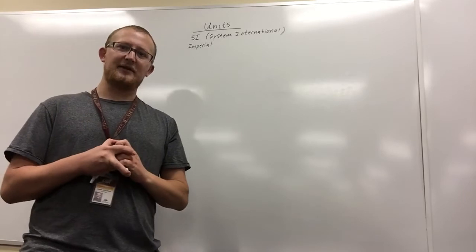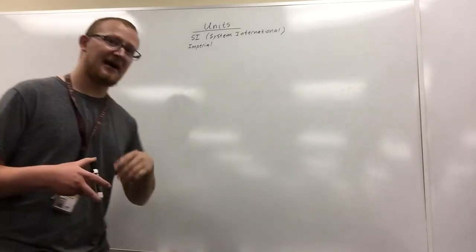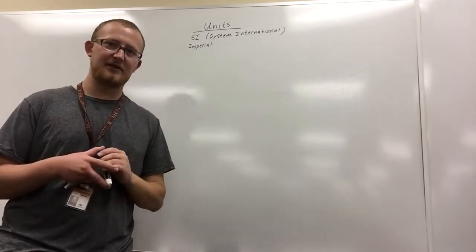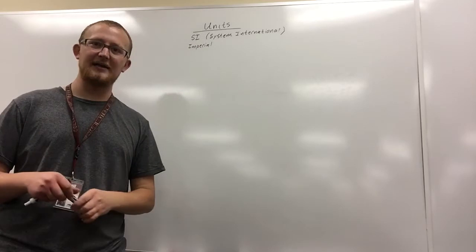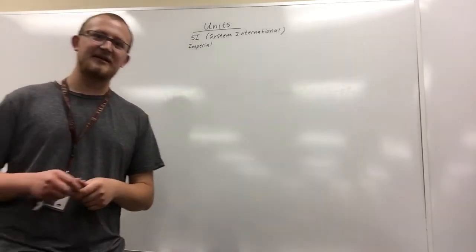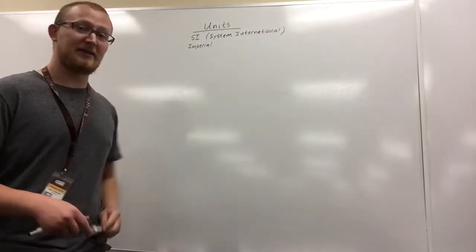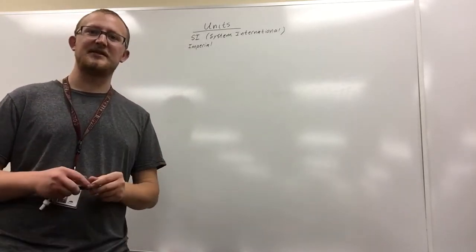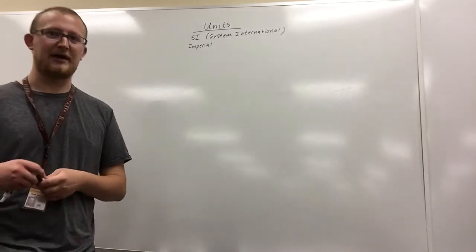Well, it turns out that the contractors used Imperial and NASA used SI, there was a mistake in conversion, and the parachute never opened. The parachute was supposed to open at a certain height to slow the descent of the probe, and that never happened because the world has two different unit systems. Ever since then, NASA says no Imperial system. We don't work with Imperial contractors.